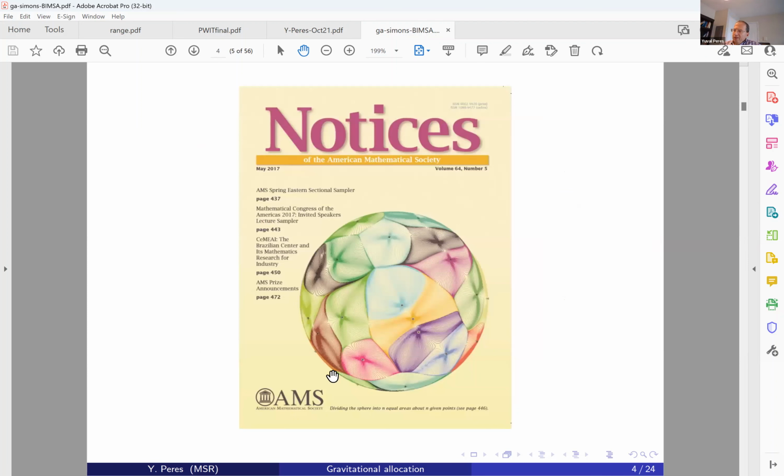So this is a picture that we contributed to the Notices of the AMS a few years back. It's an example of a gravitational allocation which we will use for matching. The black points here are centers or stars, and each one will be allocated a piece of the sphere.